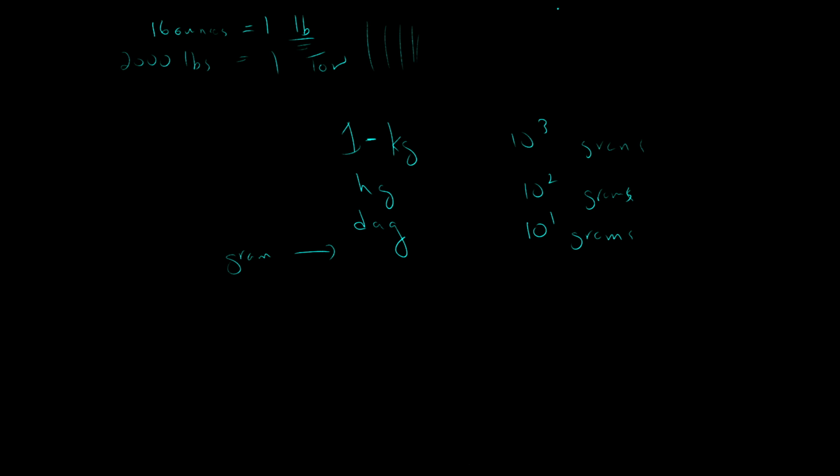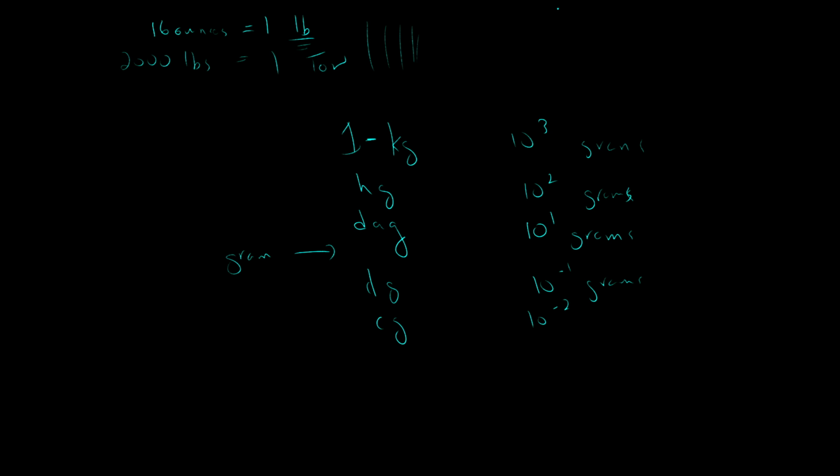And then we can also go downwards. We have a decigram, which is dg, which is 10 to the negative 1 gram, a centigram, 10 to the negative 2. Notice these prefixes get the same name. It doesn't matter if we're doing length or anything.